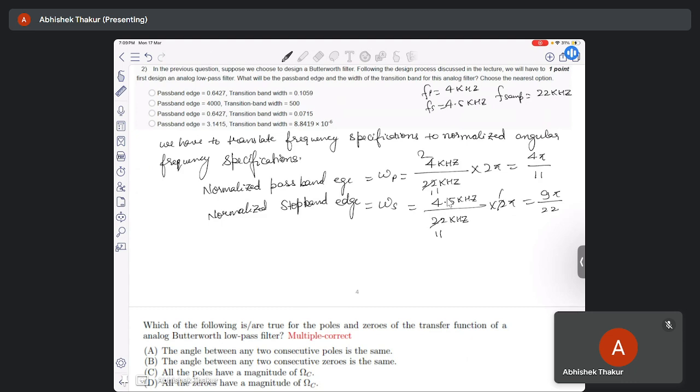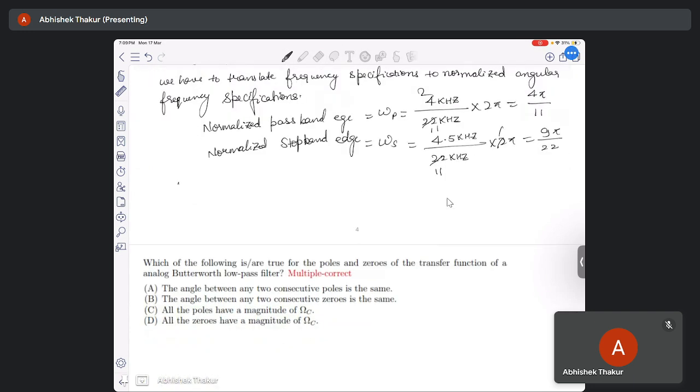So now for the Butterworth filter, this normalized discrete time filter frequency specification has to be converted to the analog filter specification. So first we have to use the bilinear transformation.